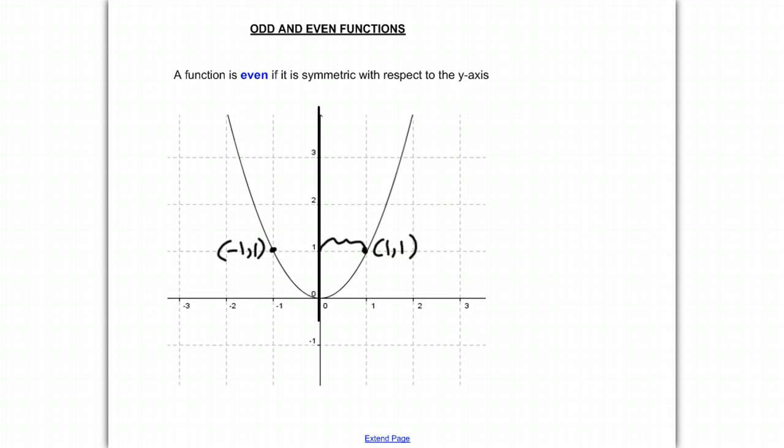And on the left side, this corresponding point is also 1 unit away from the y-axis and 1 unit up. That's true for every point on this parabola, and therefore this parabola is symmetric with respect to the y-axis, and it is considered to be an even function.